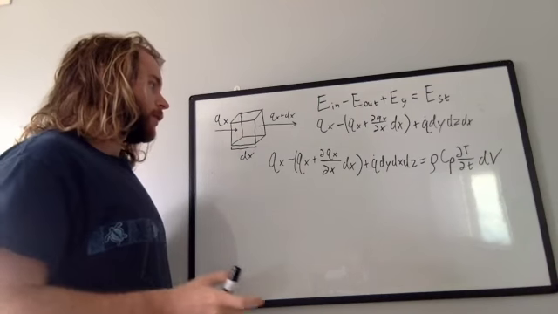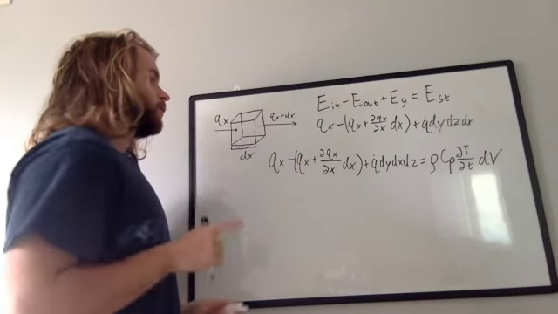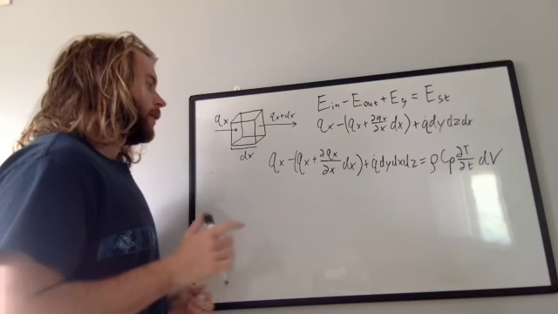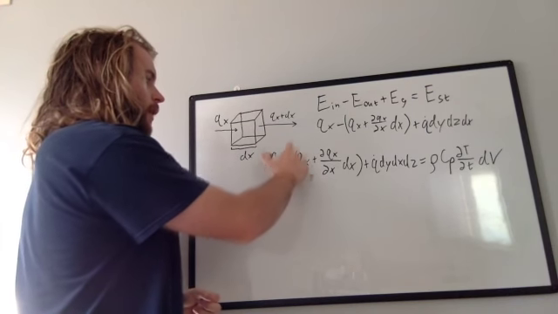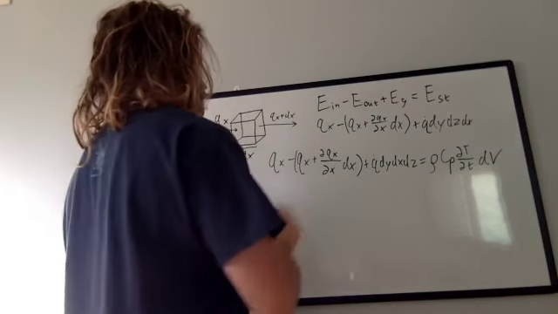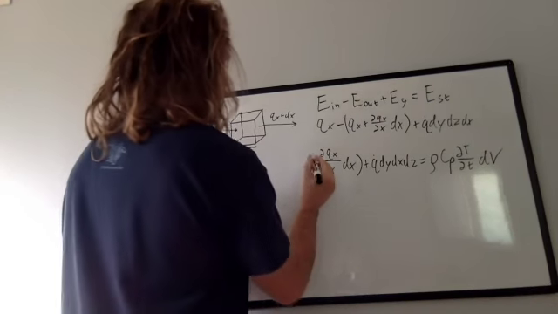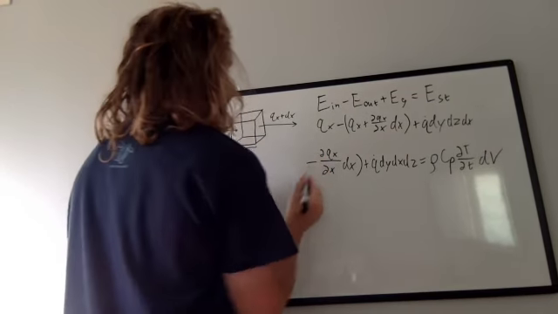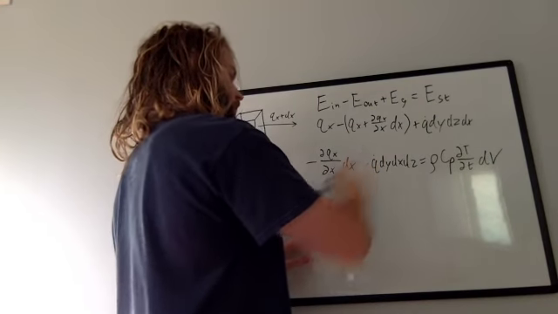The first thing we can do is we can see that we have a Qx minus a Qx right here, so those will go ahead and cancel out. And then we also need to not forget that this is subtracted, so we need to go ahead and make this a negative over here. So we'll just go ahead and erase that and make this a negative. Alright, and then we can get rid of our parentheses.